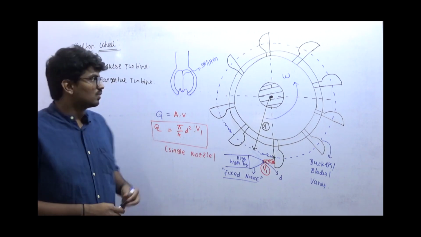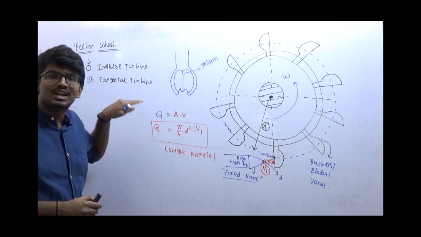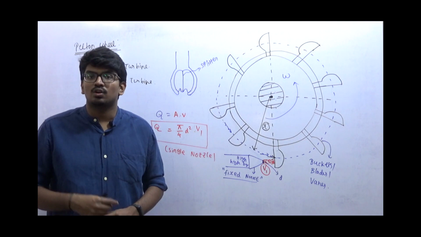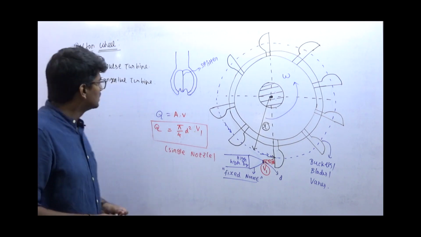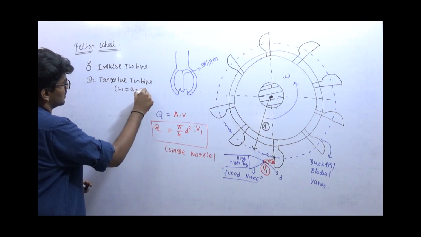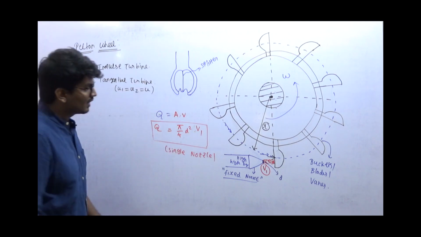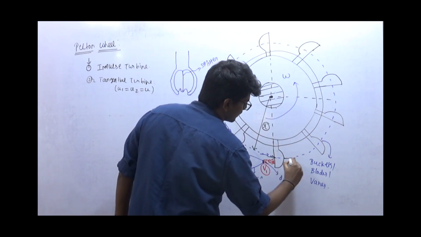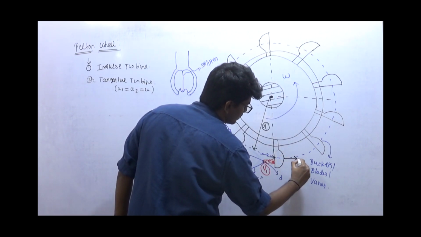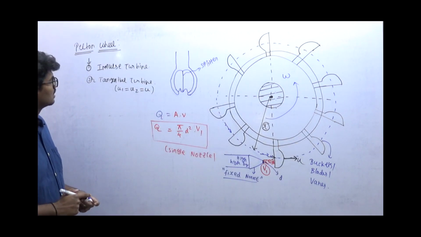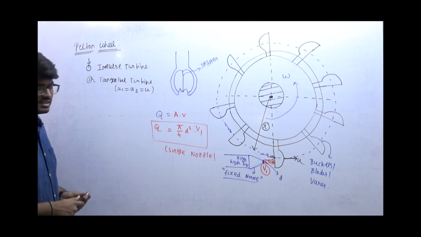That is why I said even in a tangential turbine we can make the centrifugal head 0, not only in the axial case. So for the tangential turbine, U1 is equal to U2, which is equal to U. Since it is rotating in this direction, I will take the velocity of the blade to be U, like this.